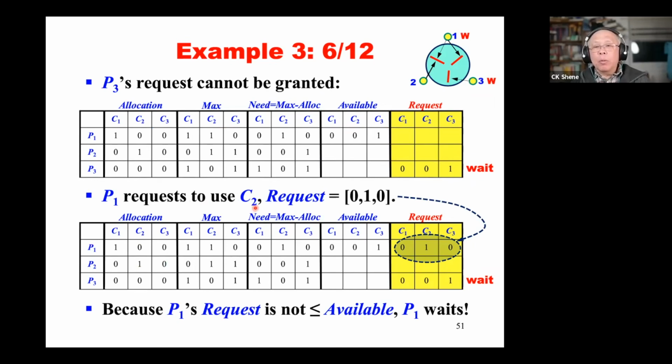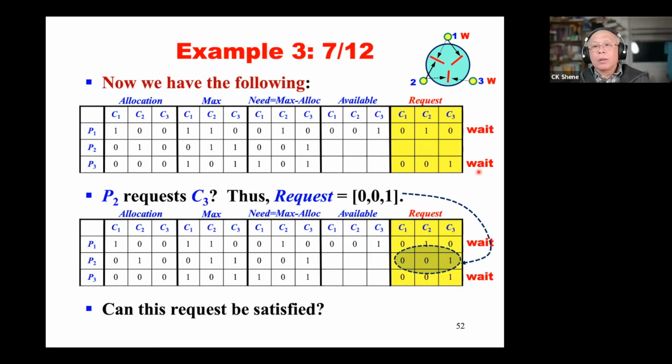So P1's request will be right here. Because P1's request is not less than or equal to available, the resource request algorithm would block P1. P1 and P3 are blocked, so P1 has a dashed arrow indicating he is waiting for his right.